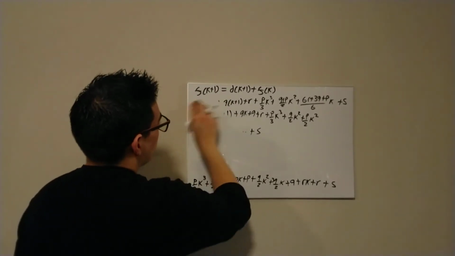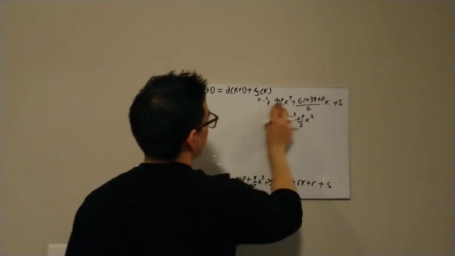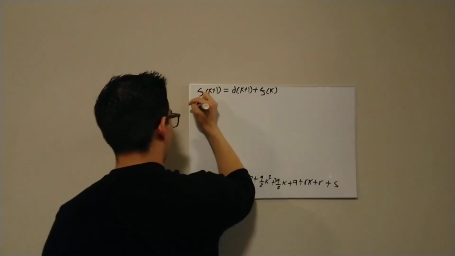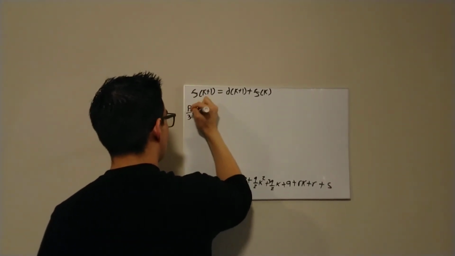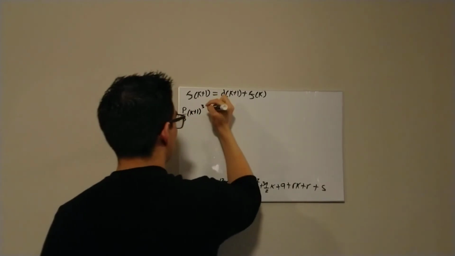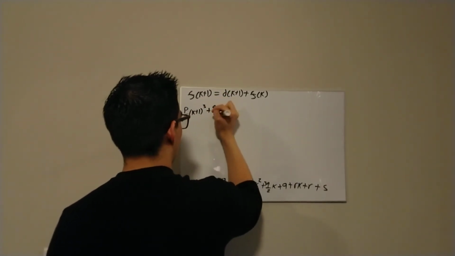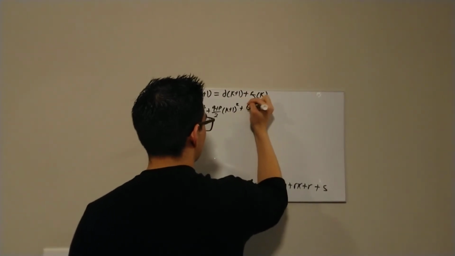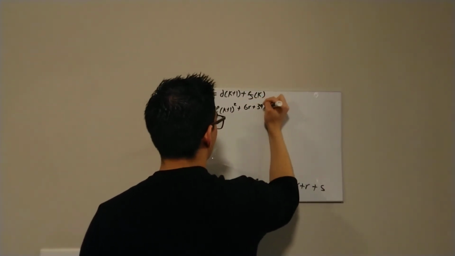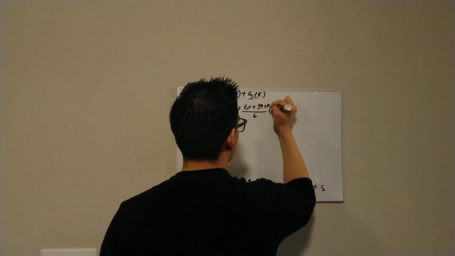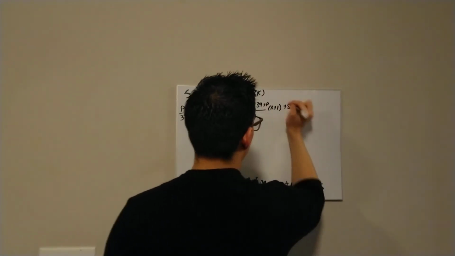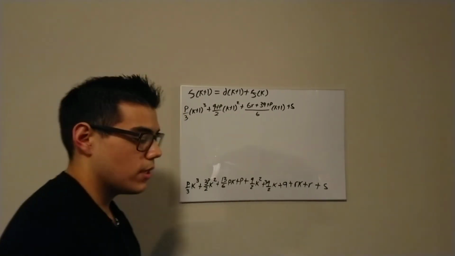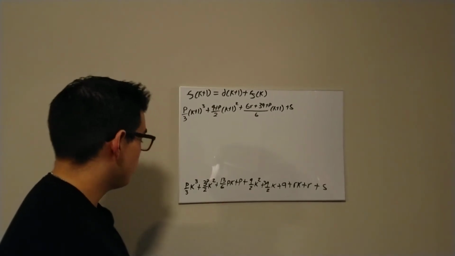So now we need to find out what f(k) equals. So we have p/3 (k+1) cubed plus (q + p/2)(k+1) squared plus (6r + 3q + p)/6 (k+1) plus s. So once again, we're going to need to open up all of these and then find out if it's equal to this.